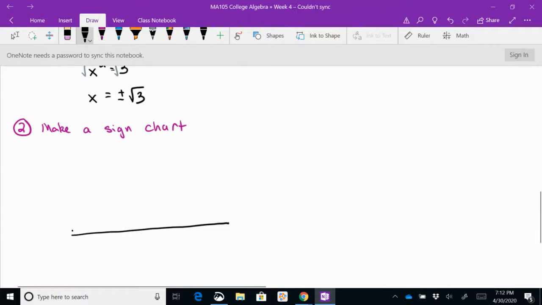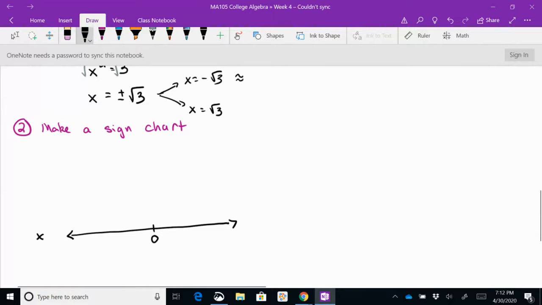So I always start, we're looking at our x-axis here, a number line with x. And we know that 0 is in the middle. What we do is we take the values that we solved for x, and we put those on here as well. So we got x equals negative square root of 3, and x equals the square root of 3. When we're making a sign chart, it's usually helpful to find the decimal value.